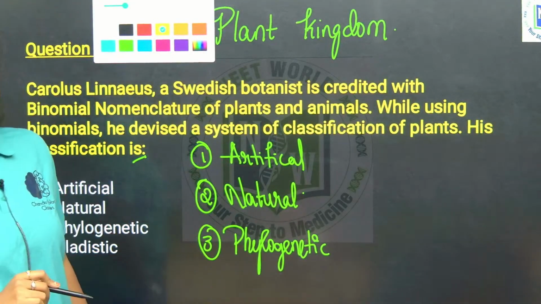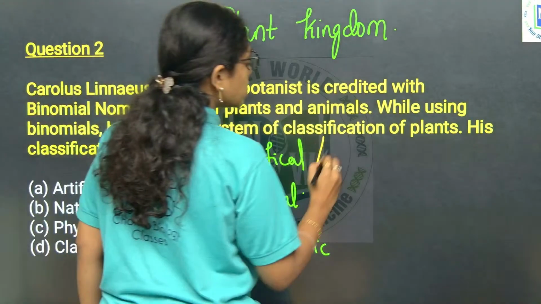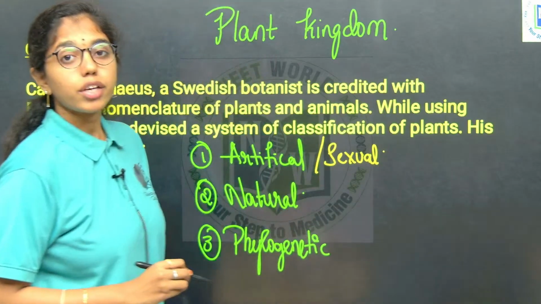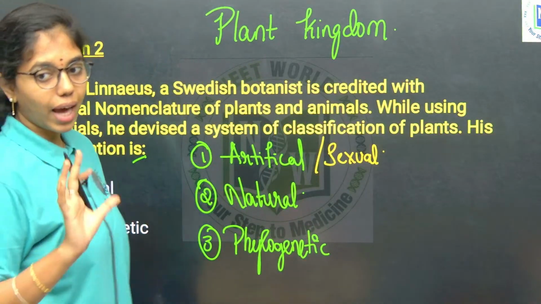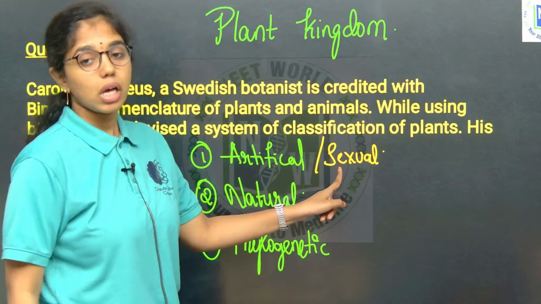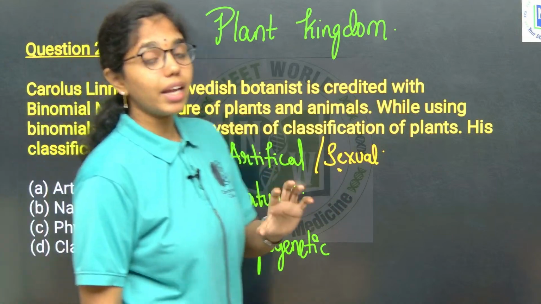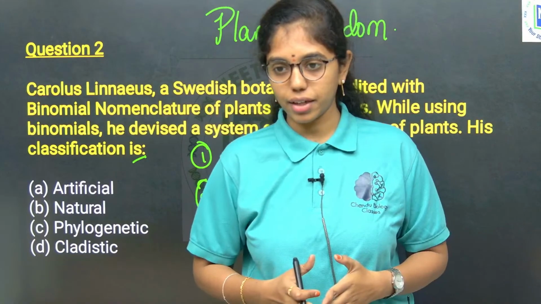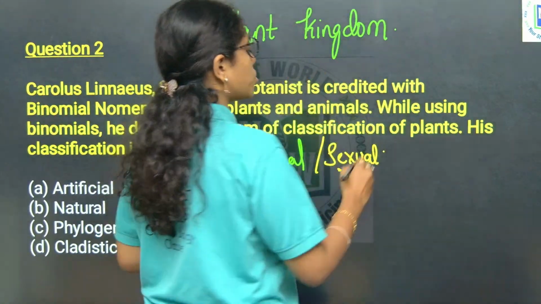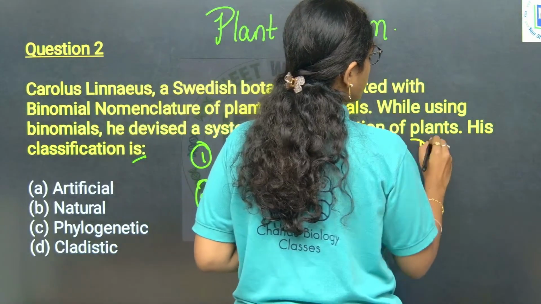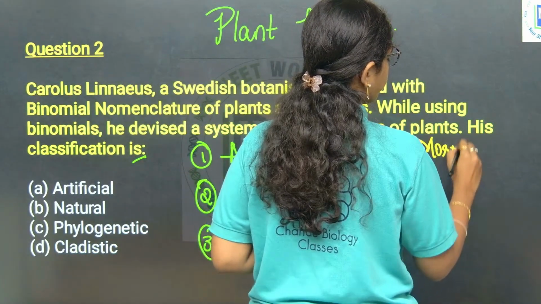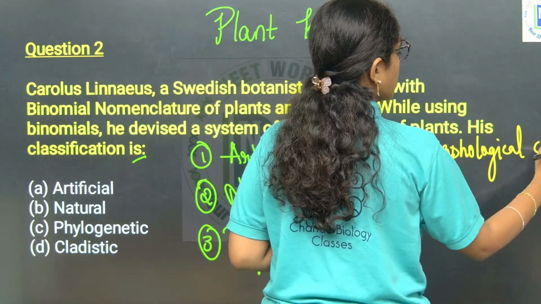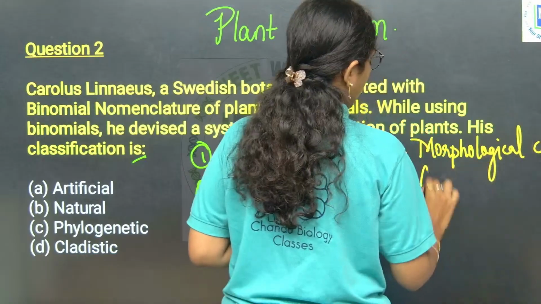The artificial system is also called the sexual system of classification. This is proposed by Carolus Linnaeus and Aristotle, wherein they have classified the plants based on gross morphological characters and the androecium structure.